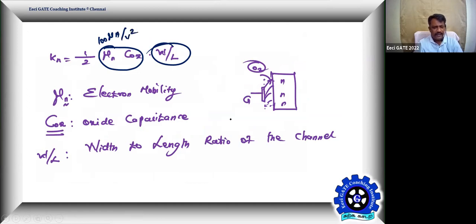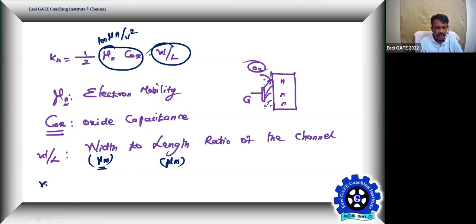W by L is unitless because width is usually in the micrometer technology as per microelectronics and VLSI design. So width will be in micrometers and length also in micrometers. But we have already started working on nanometer technology, so it may be given in nanometers in upcoming examinations. Either micro or nanometer technology, depending on that, the dimensions of width and length of your channel will be given.